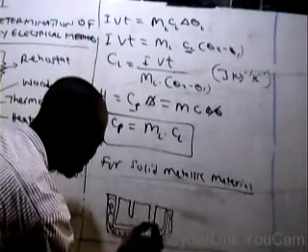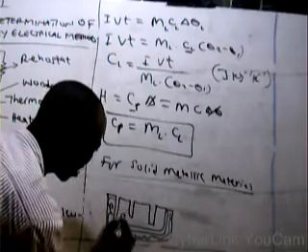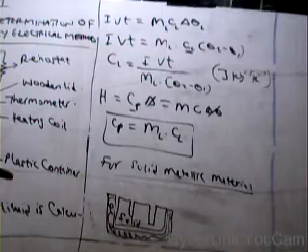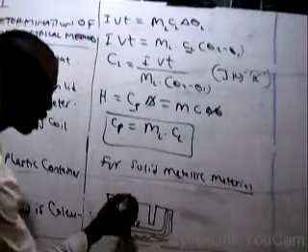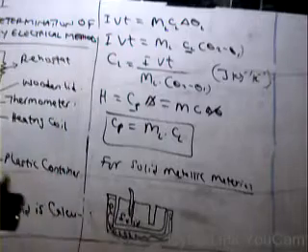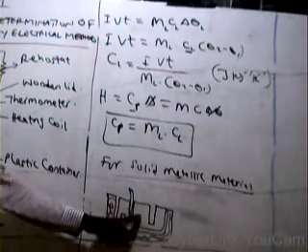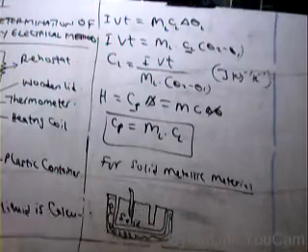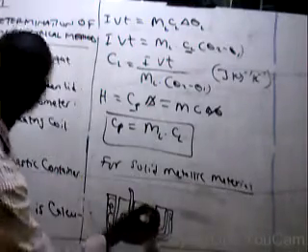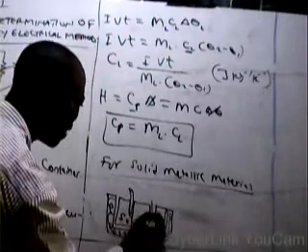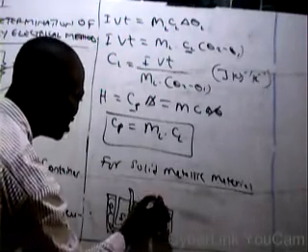What are the functions of these two different holes that we need to create? The first hole is to allow for the insertion of a thermometer. So we insert the thermometer here to record the initial temperature of the body. The second one here is for the heater. So we pass the electrical heater here.